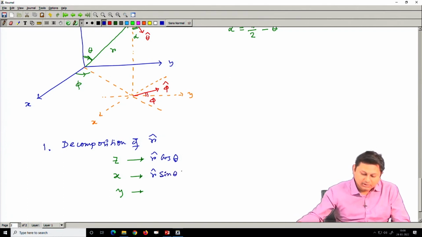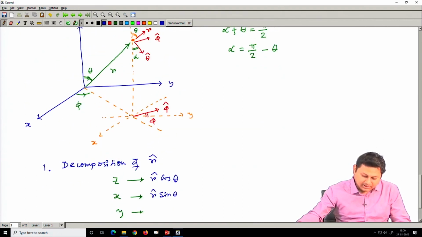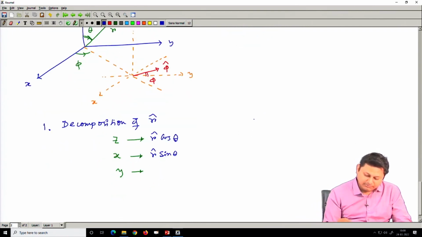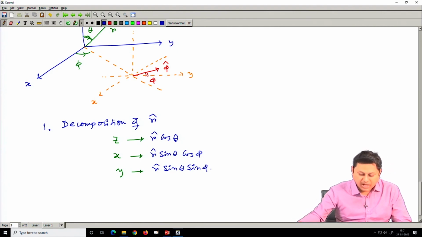This is the projection of the r vector on the xy plane. Now the x component will be simply cos phi, and the y component should be sin phi, times sin theta. This is the decomposition of r.